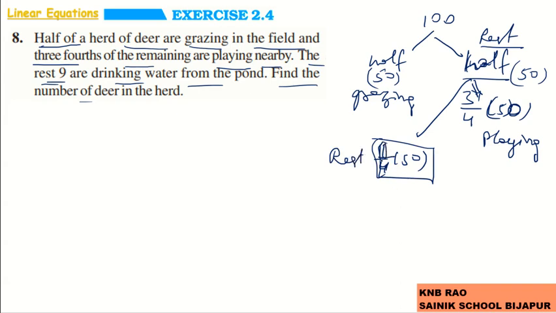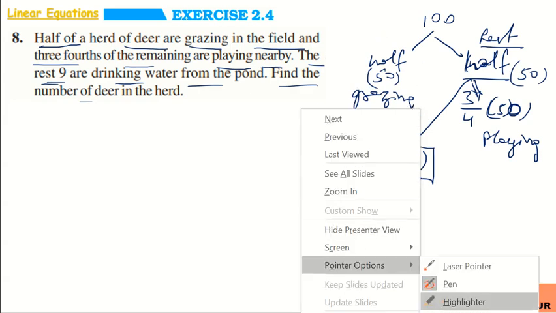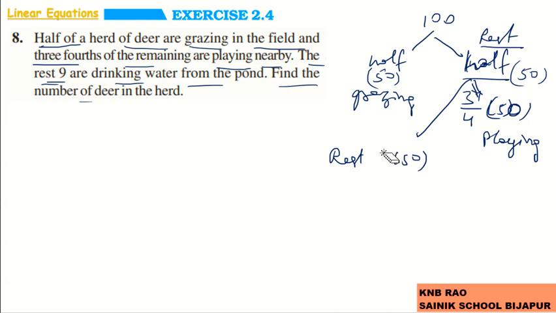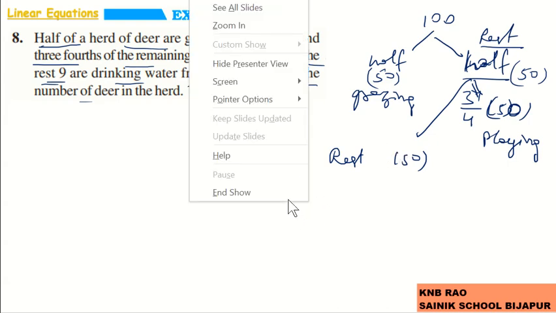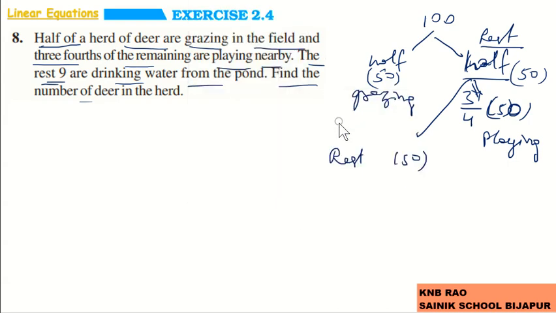So 1/4 of 50 should equal 9, but 1/4 of 50 is not 9, it is 12 and a half. So that means it is not 100.